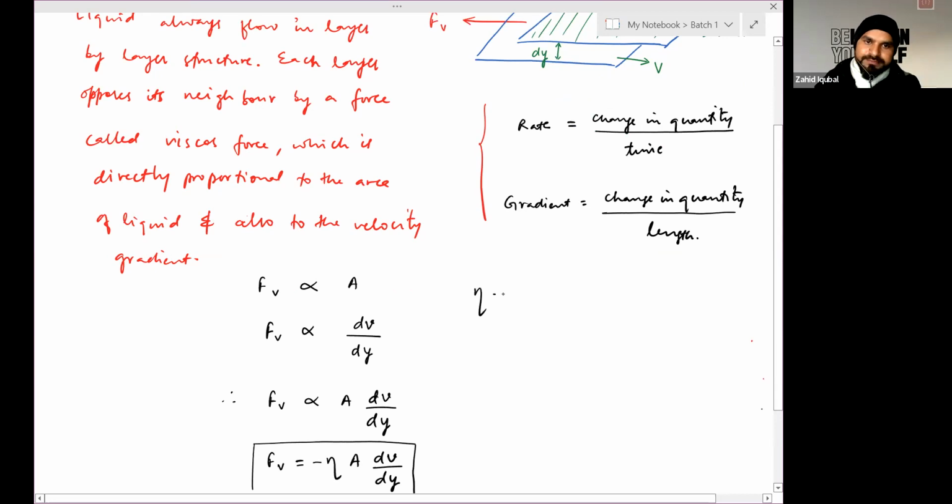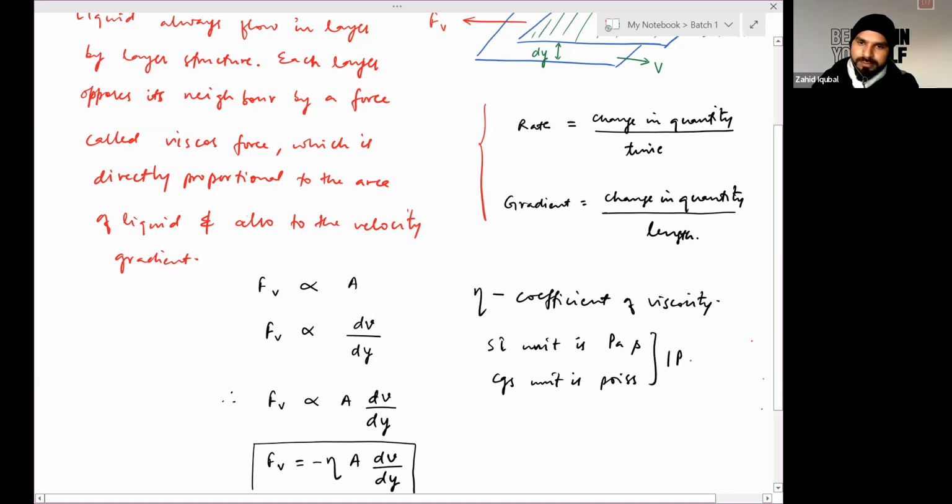This eta is nothing but the coefficient of viscosity. Its SI unit is Pascal second. CGS unit is poise.